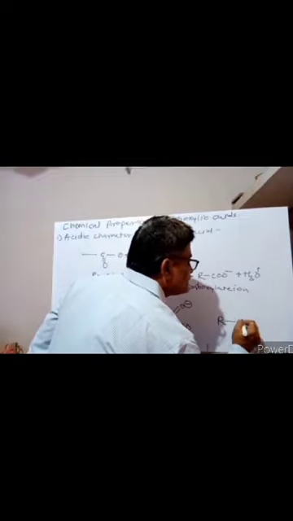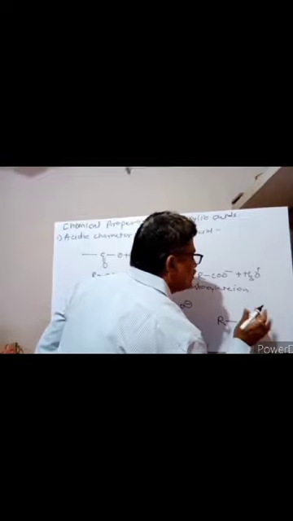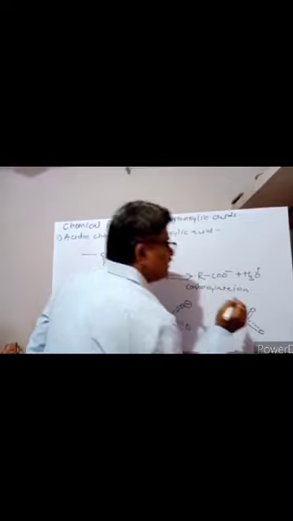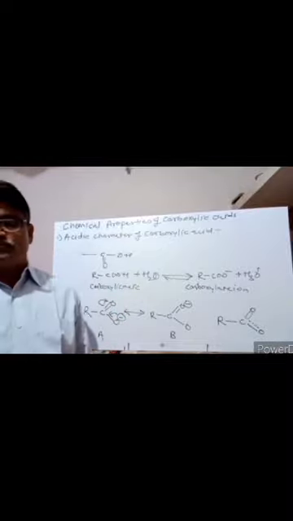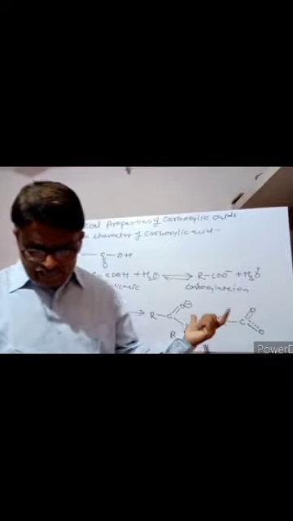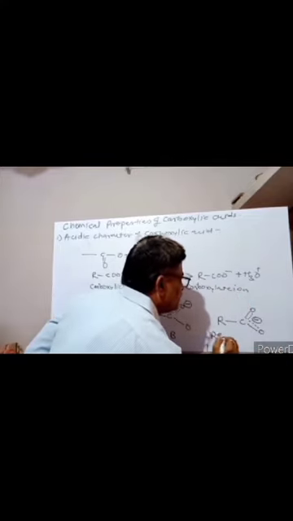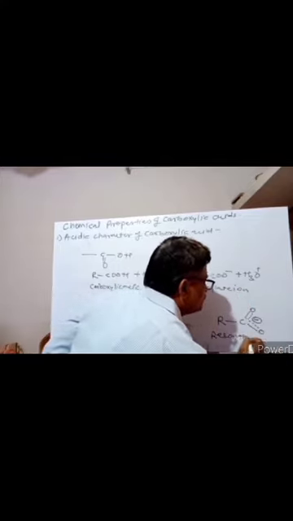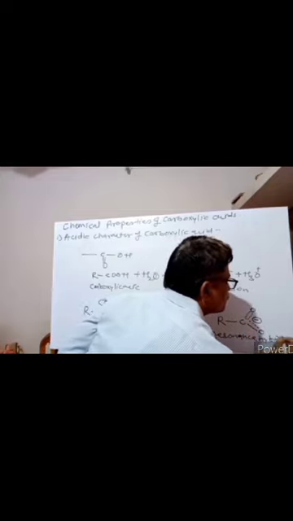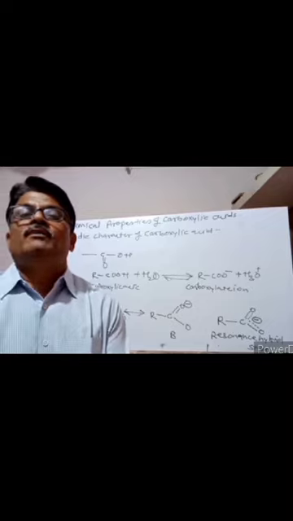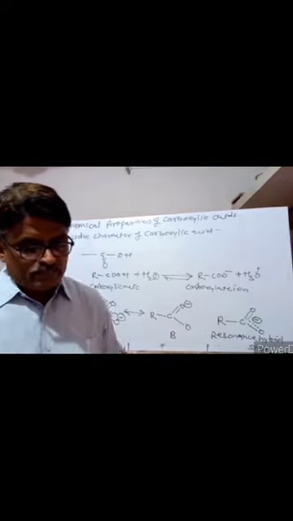Here is RC, where instead of a localized double bond, the double bond is distributed between two oxygen atoms, and it will stabilize it like this. This is called a resonance hybrid structure, and these two are the resonance structures of a carboxylic acid.